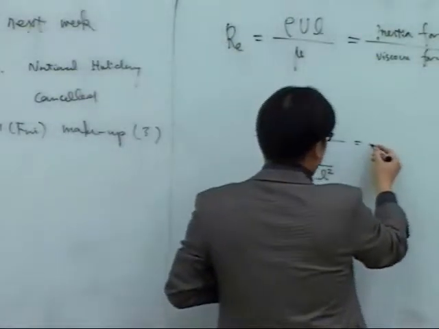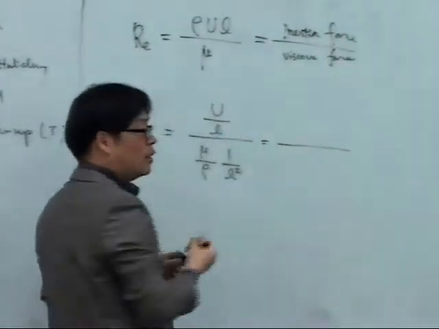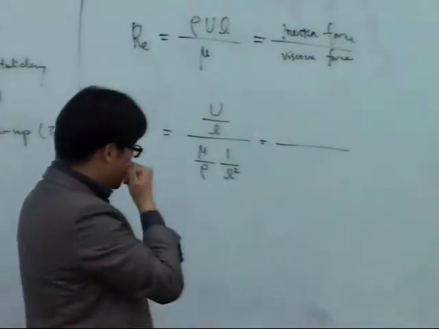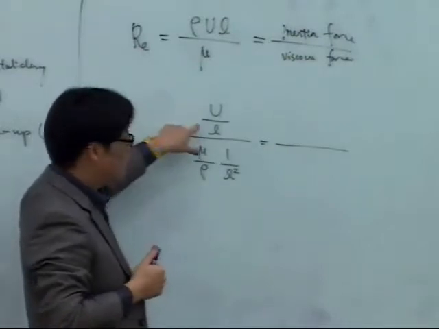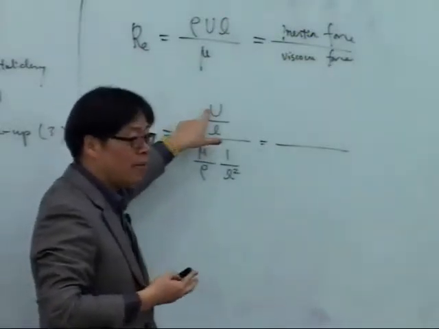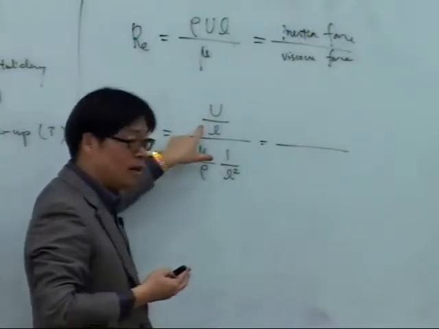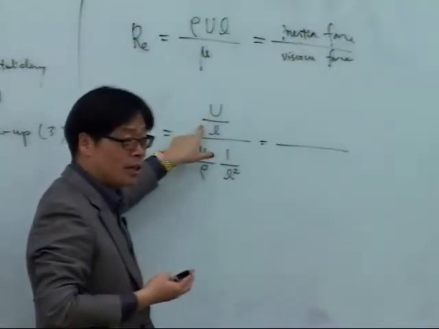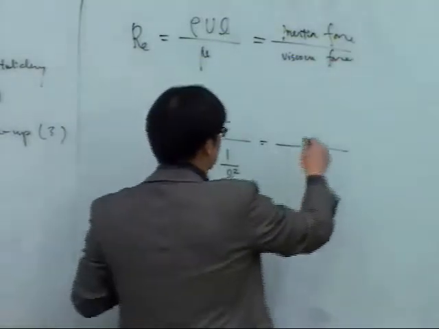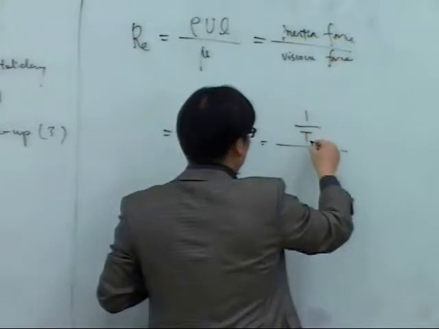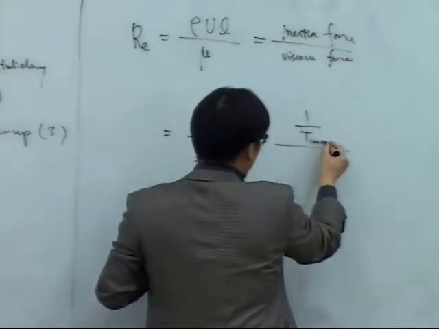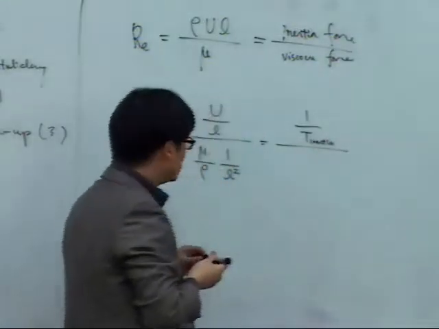So what is the numerator, U divided by L? What is its dimension? It's length divided by time, divided by L, so the dimension is 1 over time. So I can say this is my characteristic time for inertia.